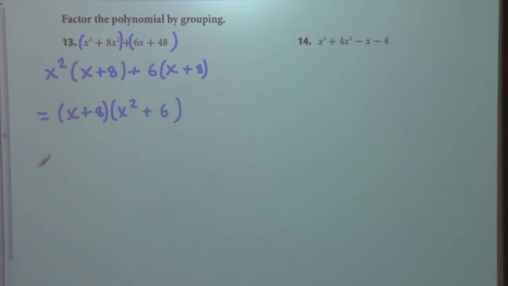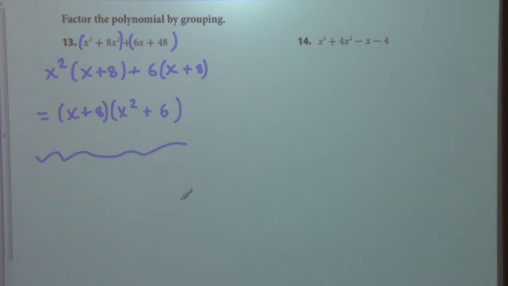So this is going to be our complete factoring of problem 13. How'd you get 6? The plus 6, oh, you made them into one thing? So here's x squared plus 6, and x plus 8 is the common factor to each of these two things. I get it.